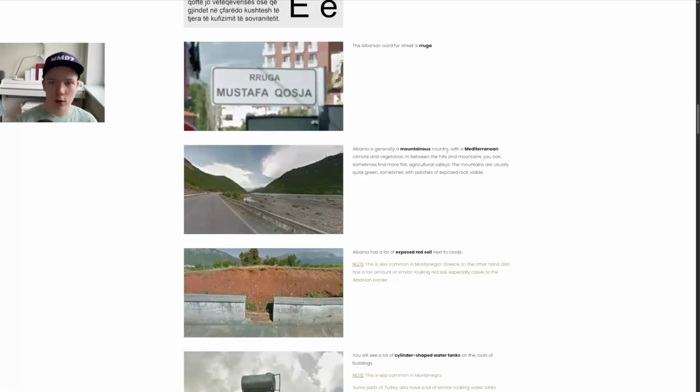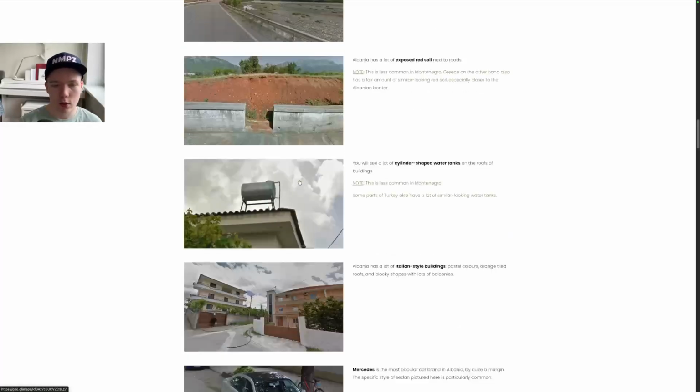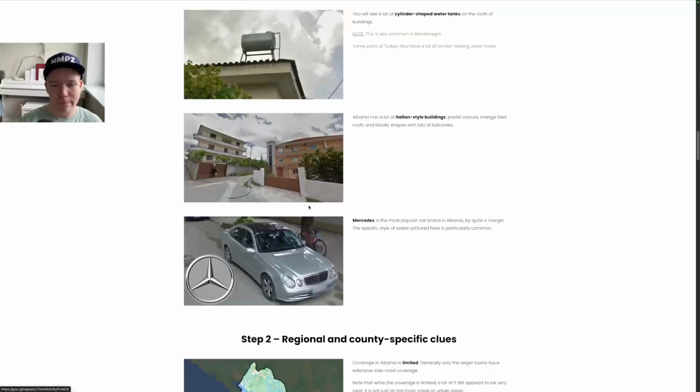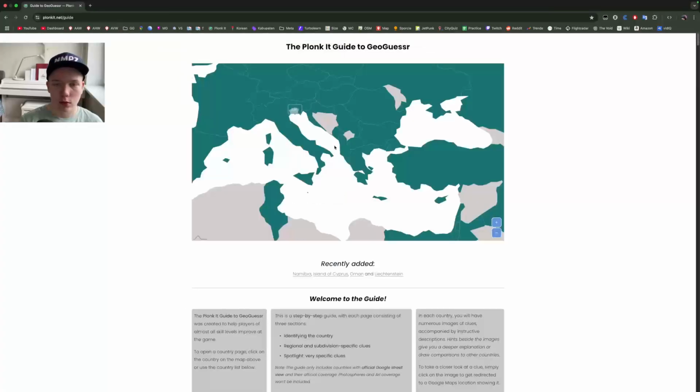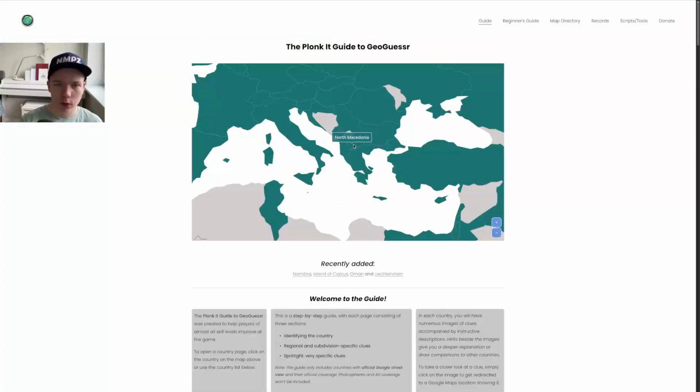Quite a mountainous country. You don't really see really flat places, I would say. You can at least see some mountains in the distance, always. I don't know about that. Some of these things are a bit questionable.